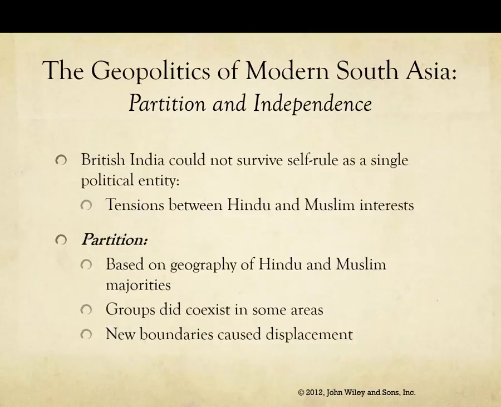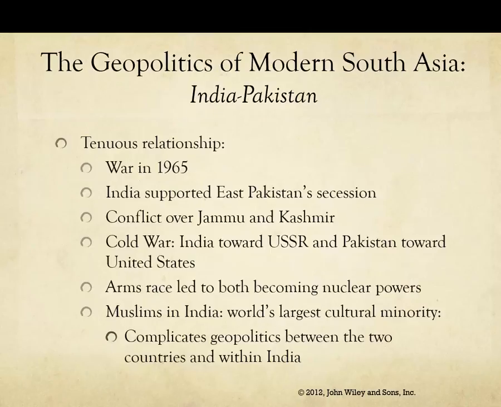Things were complicated even before the British pulled out, because Muslim activists promoted the idea of a separate state and eventually resulted in the separation of India and Pakistan. The partitioning displaced many people who became refugees. India and Pakistan have had a tumultuous relationship since they were split off from one another.